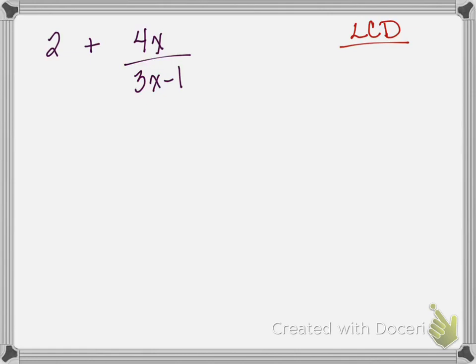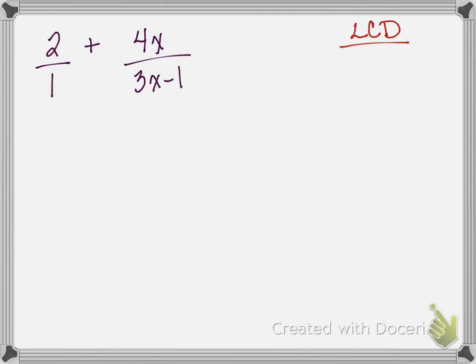Sometimes the 2 on this one confuses students, but we can write that as 2 over 1. So anytime you do not have a denominator written, that denominator is over 1. We do not need to write down the 1 as part of our LCD because 1 times any number or any expression is just going to be that expression.